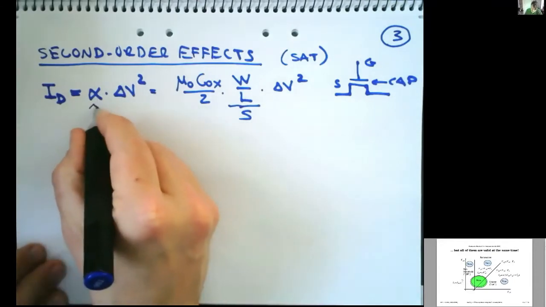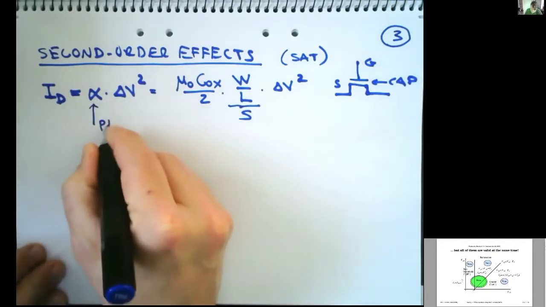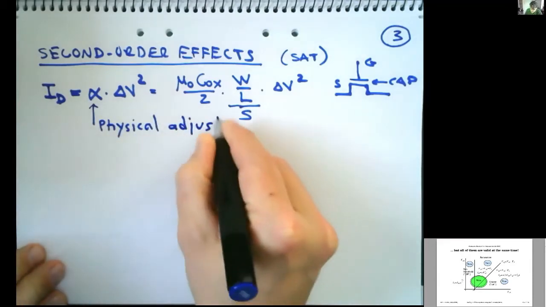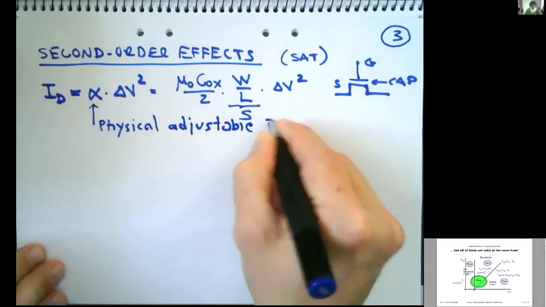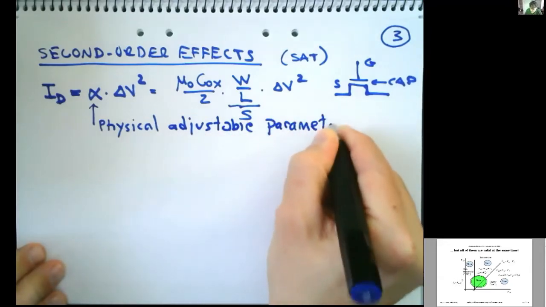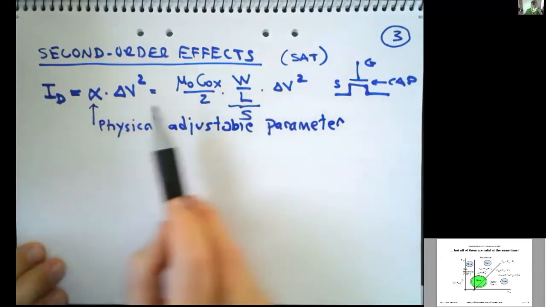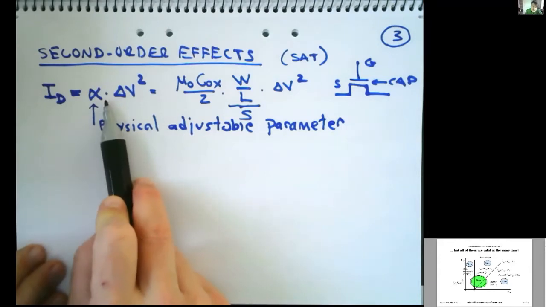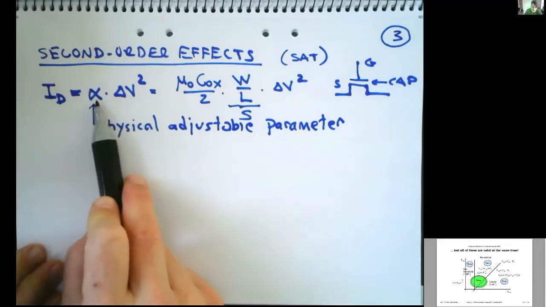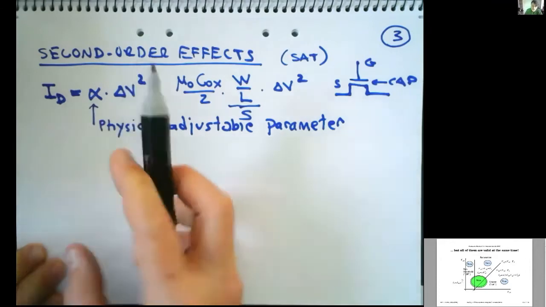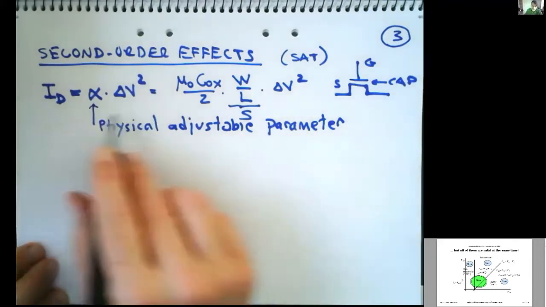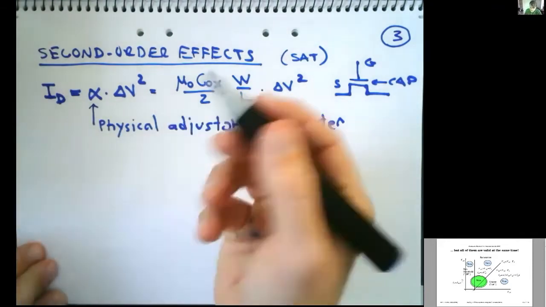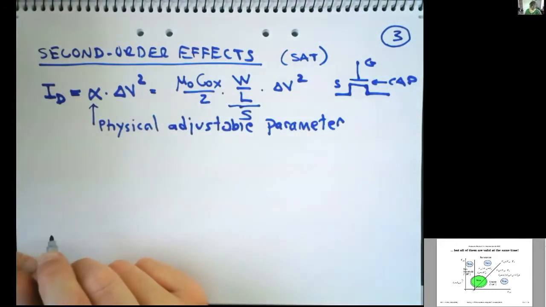This is my physical adjustable parameter. So what I'm saying as a design engineer is that I have a handle here with which I can control the current linearly. That's all I need to know. And then with my simulator, I can adjust that alpha. There's no need to do all this other stuff here. It's just a waste of ink in your pen, more or less.